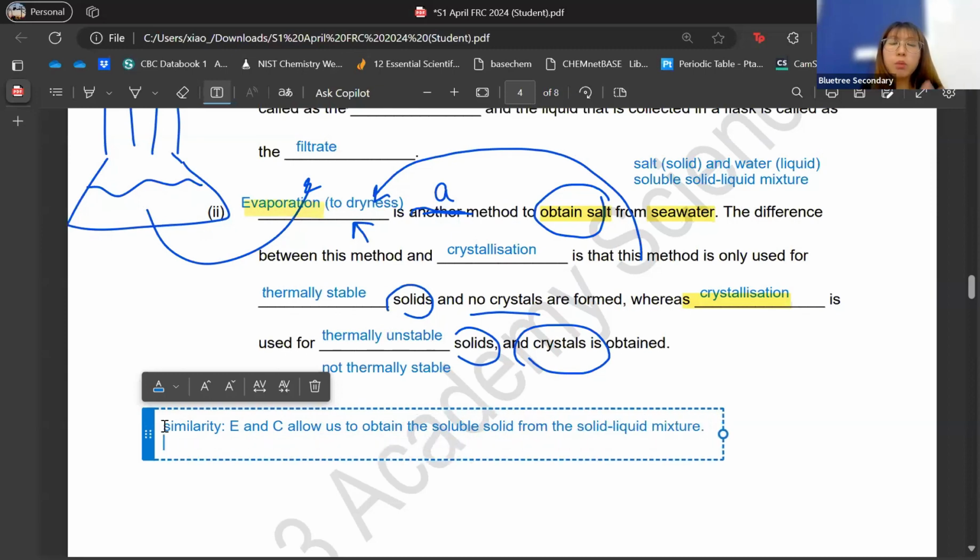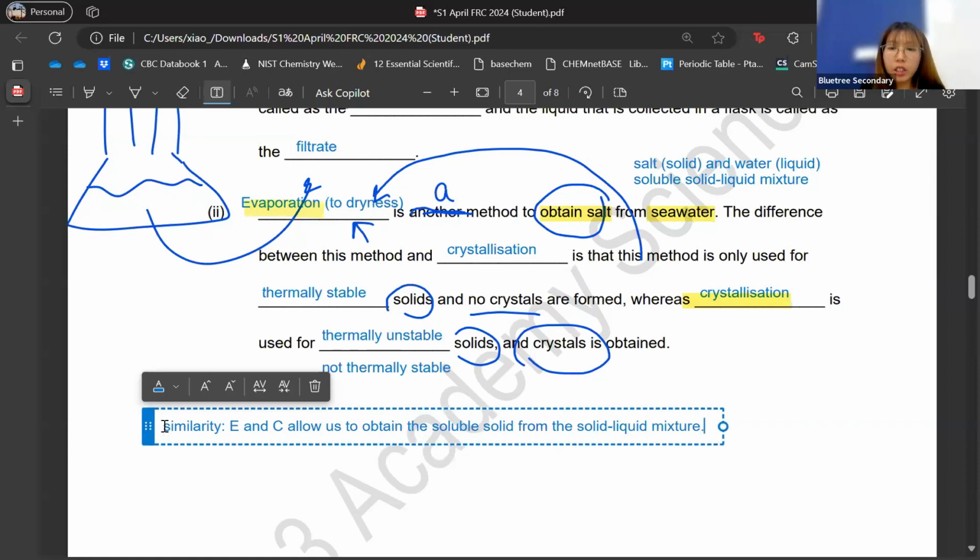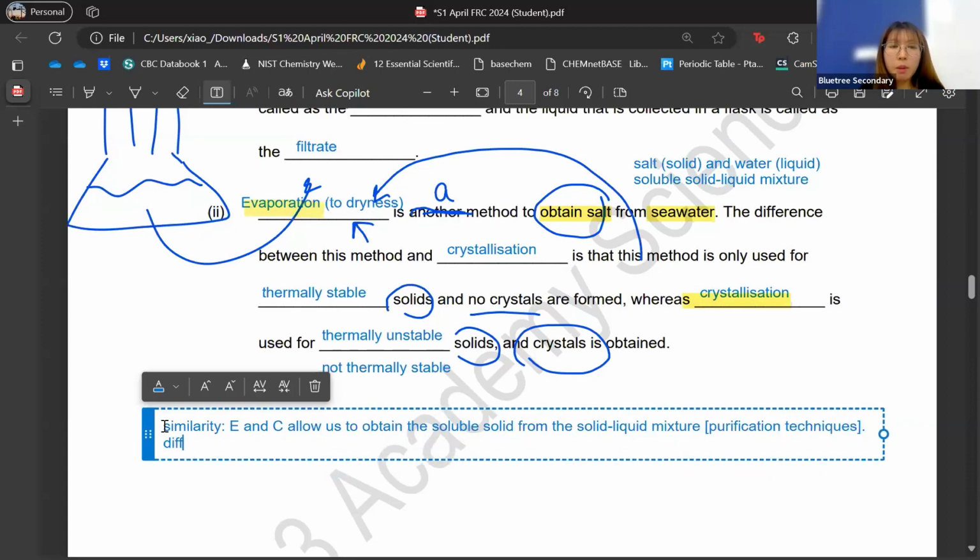Not forgetting both of them are what we call purification techniques because we remove the liquid. The main difference, and I'll only cover the main difference, is that evaporation is for thermally stable solids, for example your salt, whereas crystallization is the opposite, for thermally unstable solids. Classical examples will be your sugar and your copper 2 sulfate.